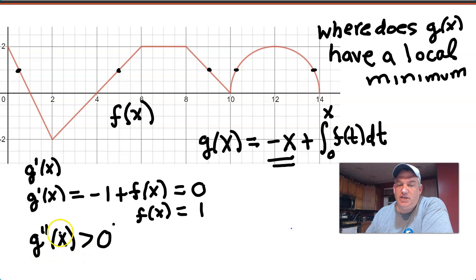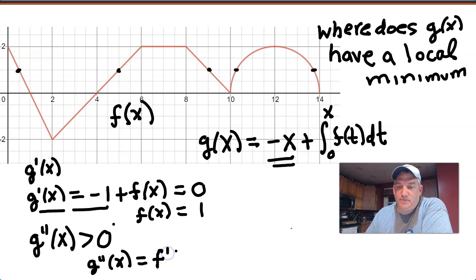So to check if g double prime is greater than 0, we're going to derive g prime of x, and that actually would be f prime of x.